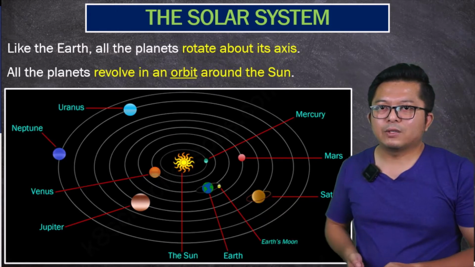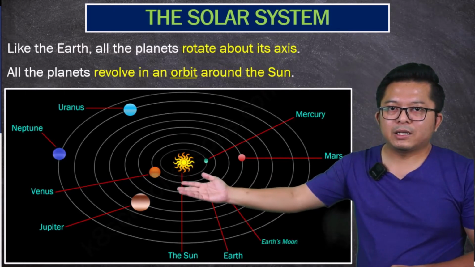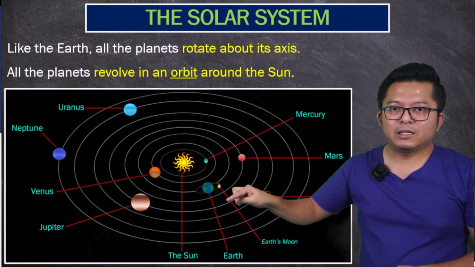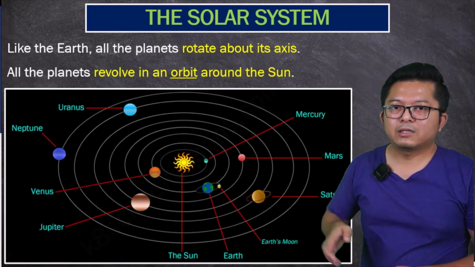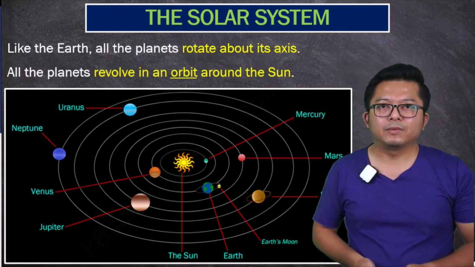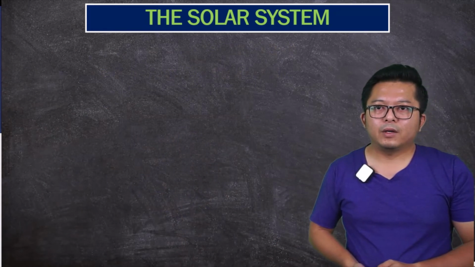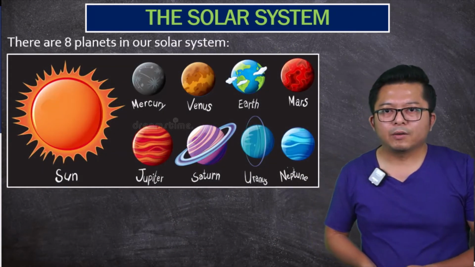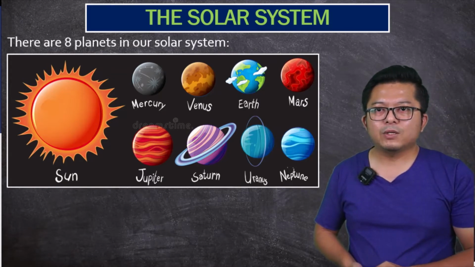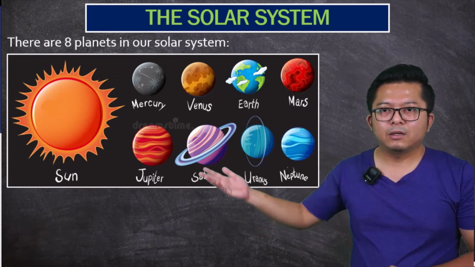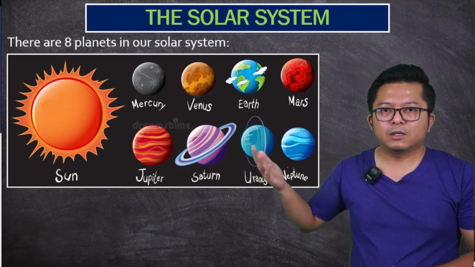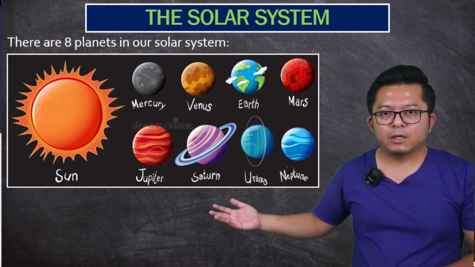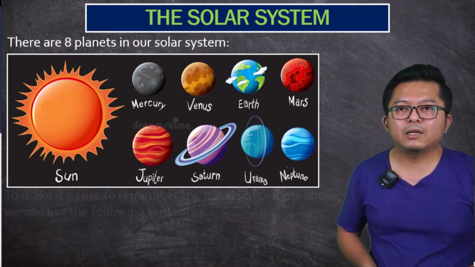So this is our solar system. The sun is in the middle and the others revolve around the sun. There are 8 planets in our solar system here: Mercury, Venus, Earth, Mars, Jupiter, Saturn, Uranus, and Neptune.